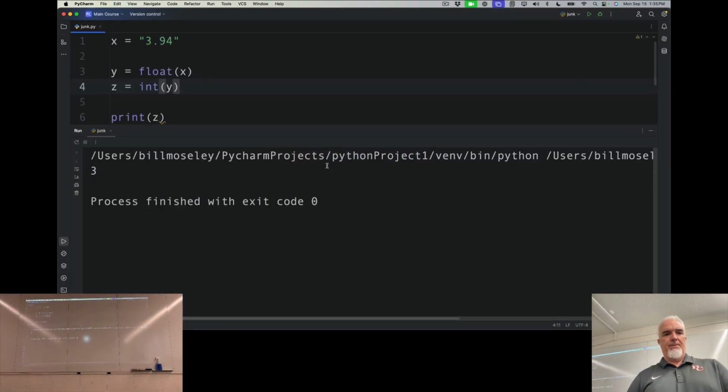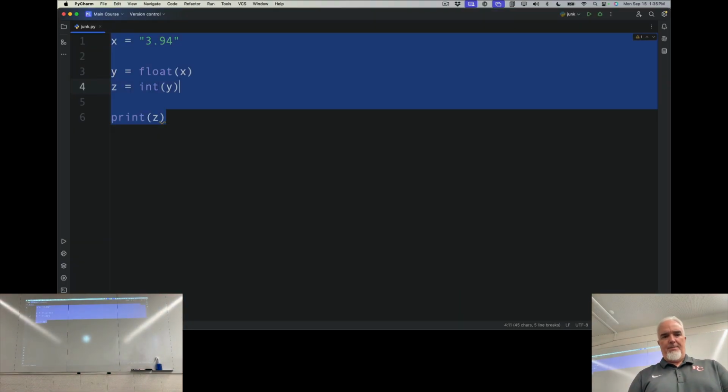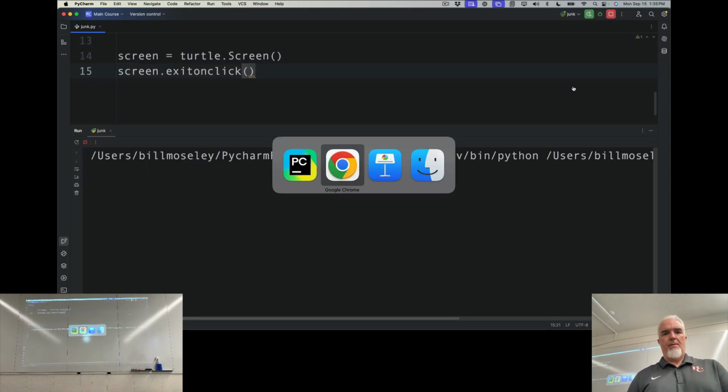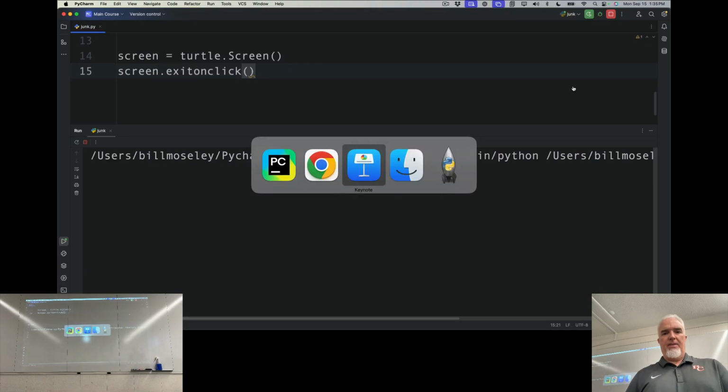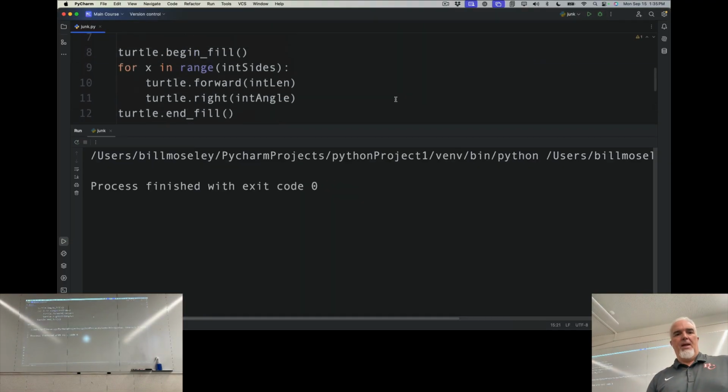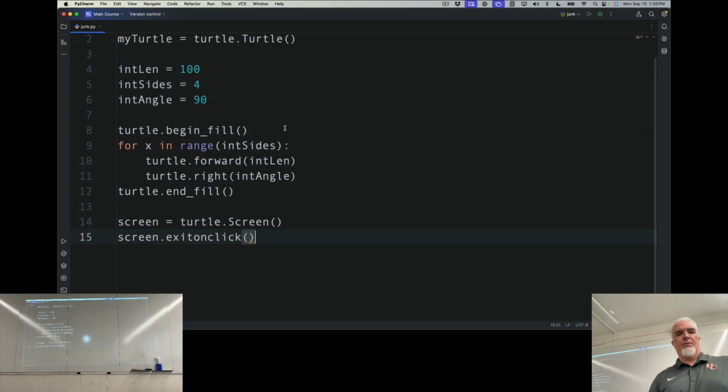If I copy this and paste it into PyCharm and run that code, give it a chance to fire up, what it creates is a square. Cool. And it fills it in. That's what the begin fill and end fill are.